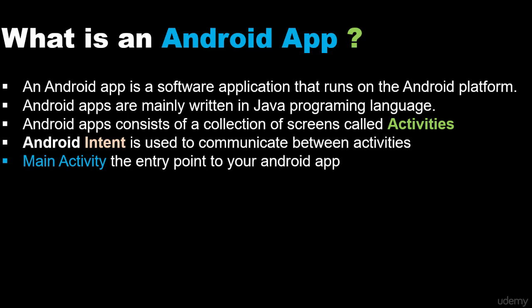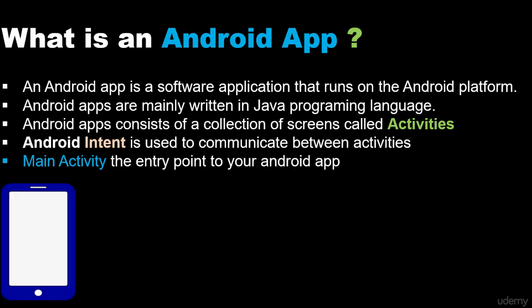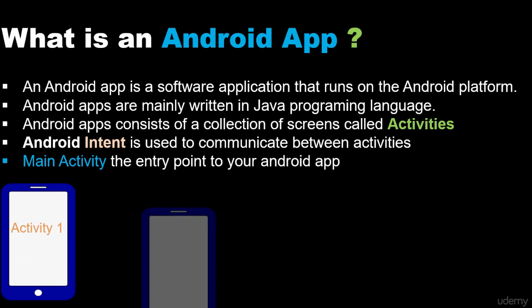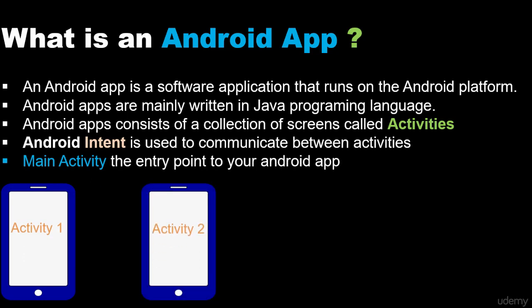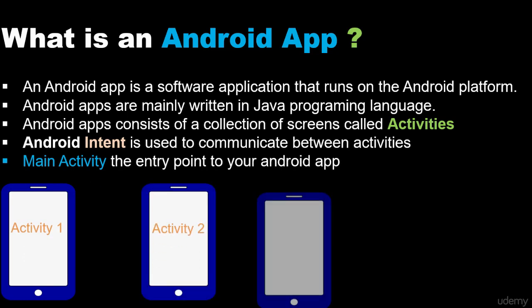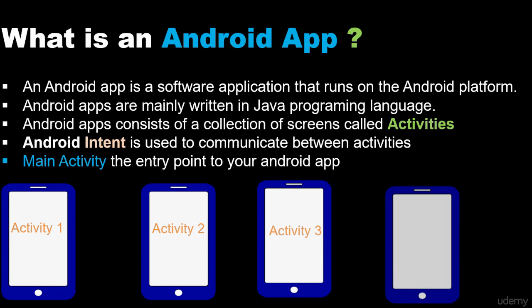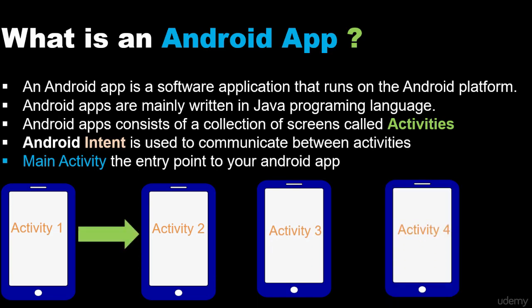So an Android app basically is represented by a collection of screens referred to as activities. So you can have an app that comprises many activities, and you can use the Android intent to communicate from one activity to another.